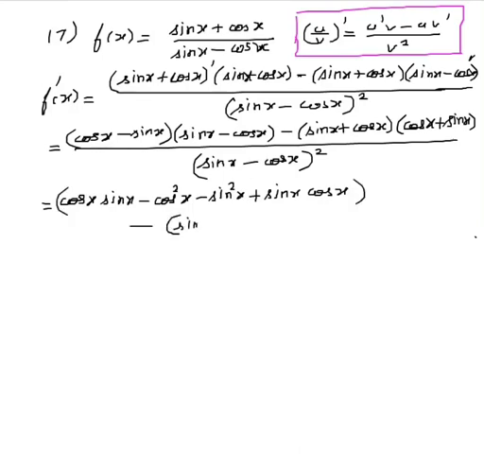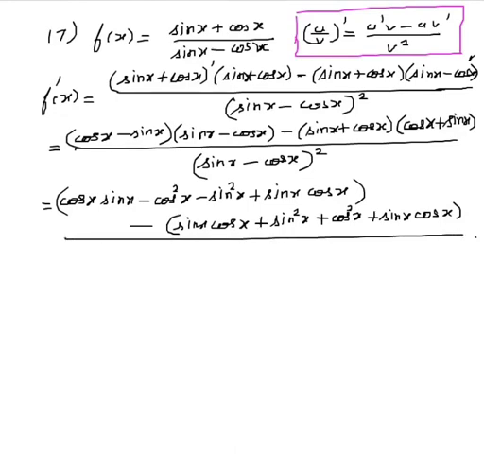Minus of sin x cos x plus sin squared x plus cos squared x and plus sin x cos x. Or you could have used the (a plus b) whole squared formula, divided by (sin x minus cos x) squared.